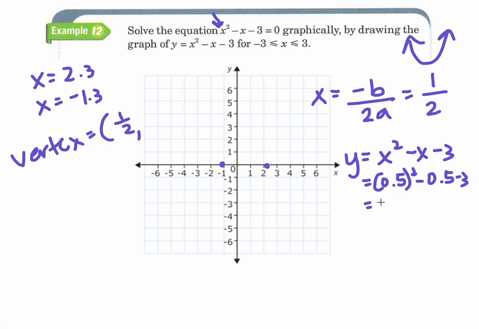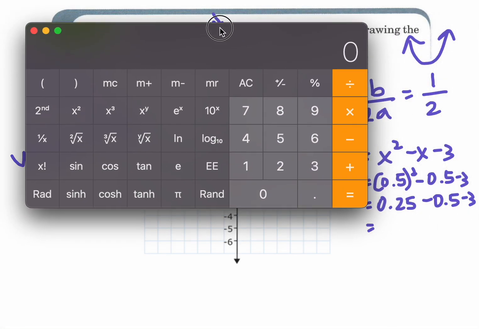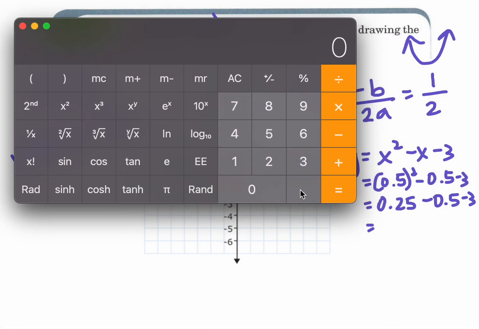So 0.5 squared is 0.25. Actually, I don't need that parentheses anymore. 0.25 minus 0.5 minus 3. So now my final answer will be whatever that value is. So I have 0.25 minus 0.5 minus 3.